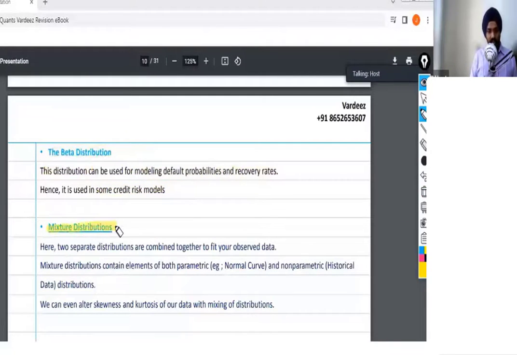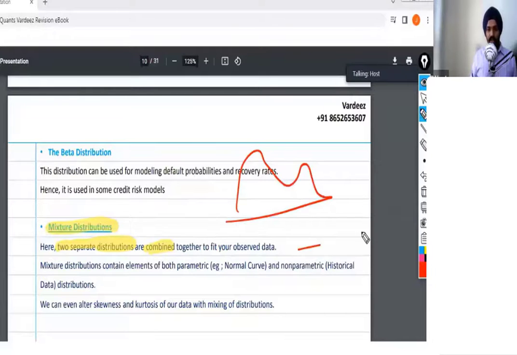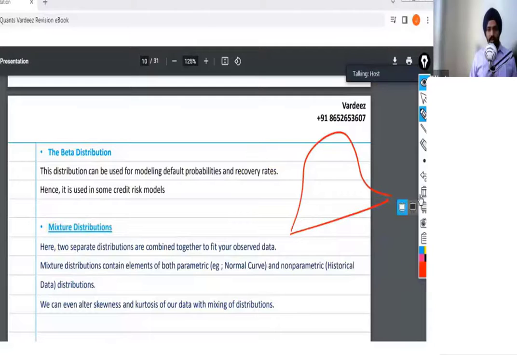The final thing that we have, the final learning objective, is mixture distributions. Here, two separate distributions are combined. Let's say you have data and you have two distributions, maybe this is one and this is two. You can mix these two distributions and form a better, final third one like this.